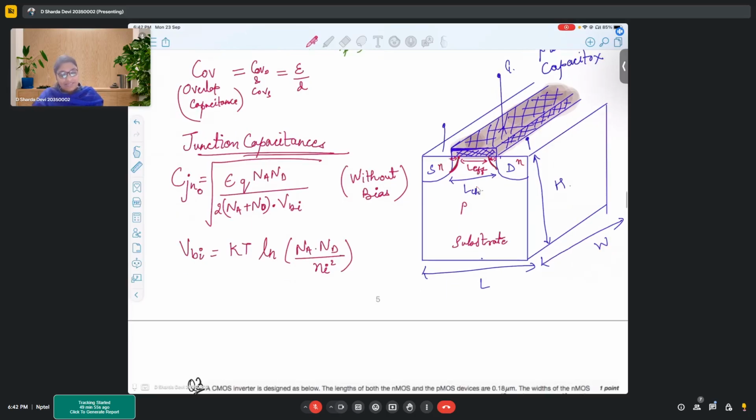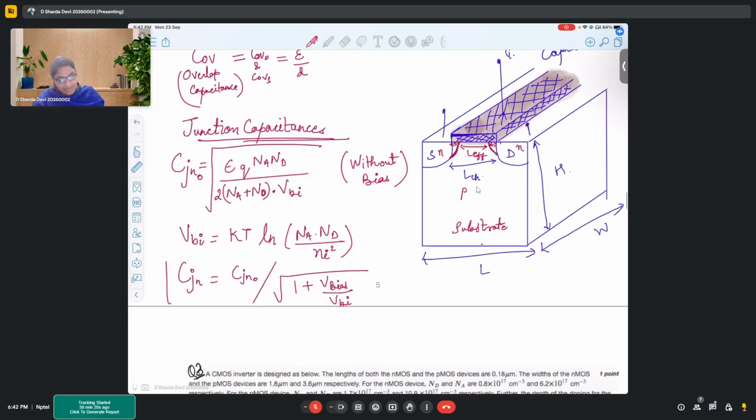Now the junction capacitance with bias is given by CJN, and that is CJN naught by root under 1 plus V bias by VBI. So this is the formula. So at the end, the formula that we need to use is this one, because we will be using them with the bias, right?